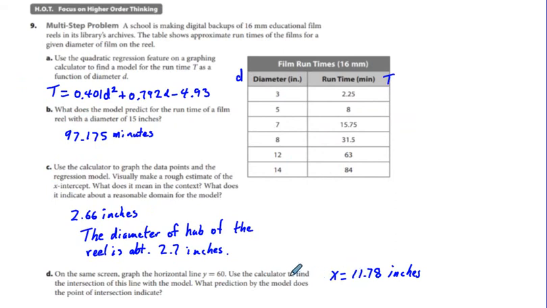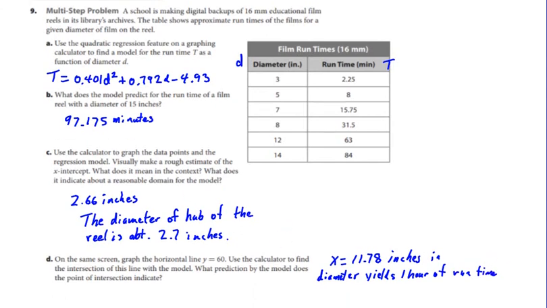It means that the diameter, which is in inches, yields 60 minutes or 1 hour of run time. Okay, so we have that there.